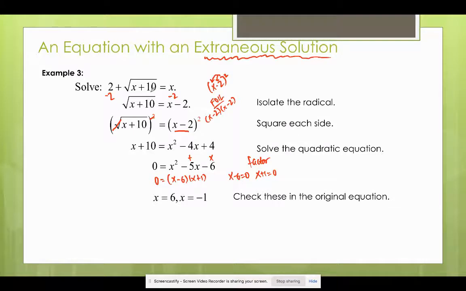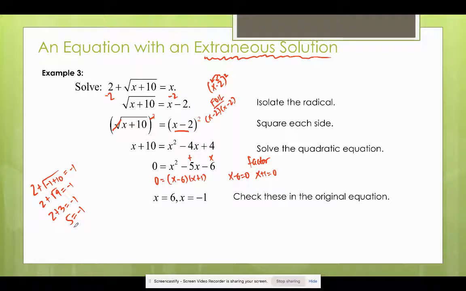All right, I'm going to show you what -1 looks like in here. So back up to the original very first equation. We're going to try x equals -1 just to make sure it's a solution. So we have 2 plus the square root of -1 plus 10 should equal -1. So 2 plus the square root of 9 should equal -1. 2 plus 3 should equal -1. 5 equals -1.